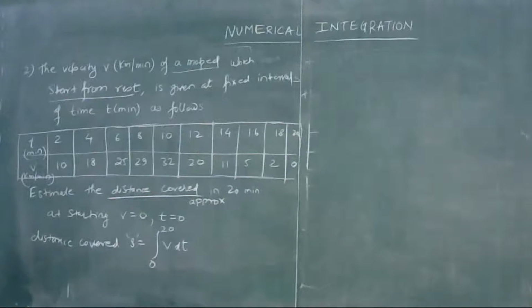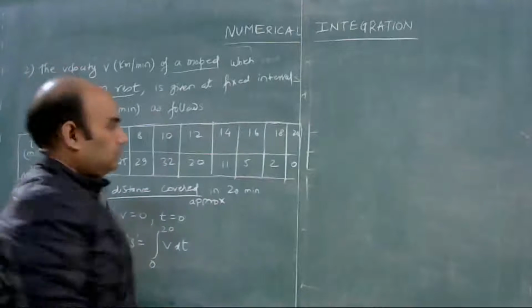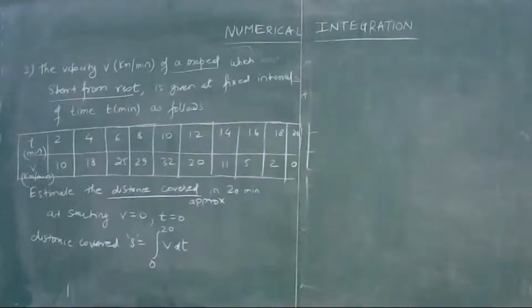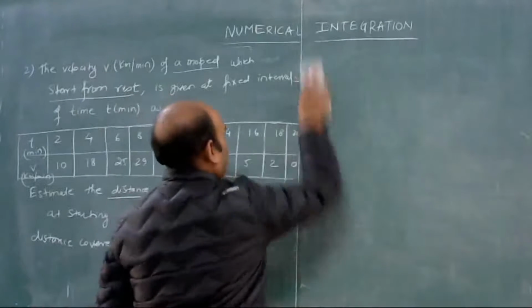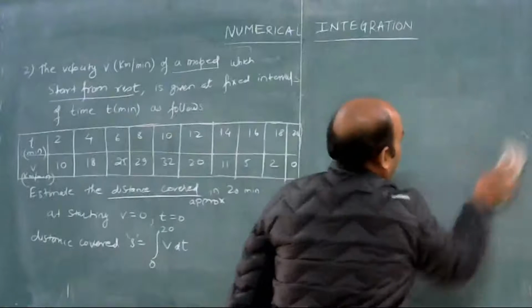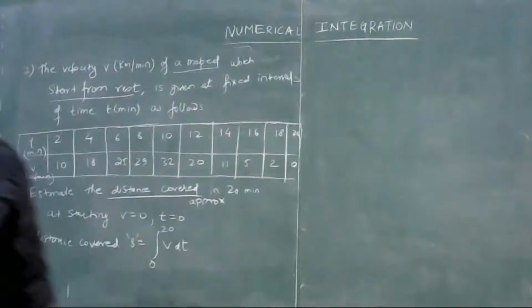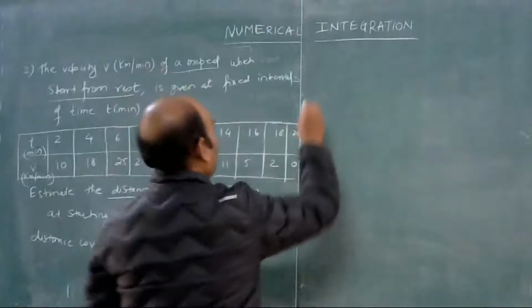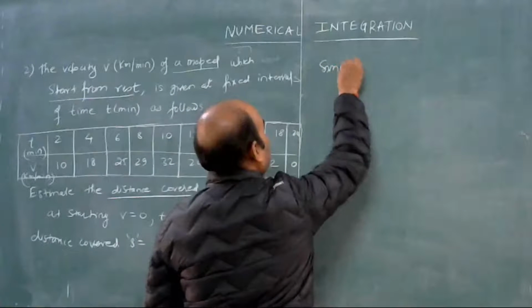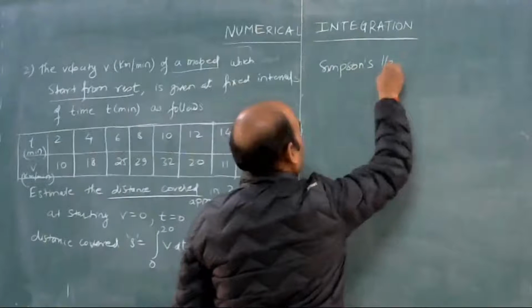There is the trapezoidal rule, there is Simpson's 1/3, 3/8, and Weddle's rule. Okay, very good. Simpson's 1/3, because n is even. So we will apply Simpson's 1/3.